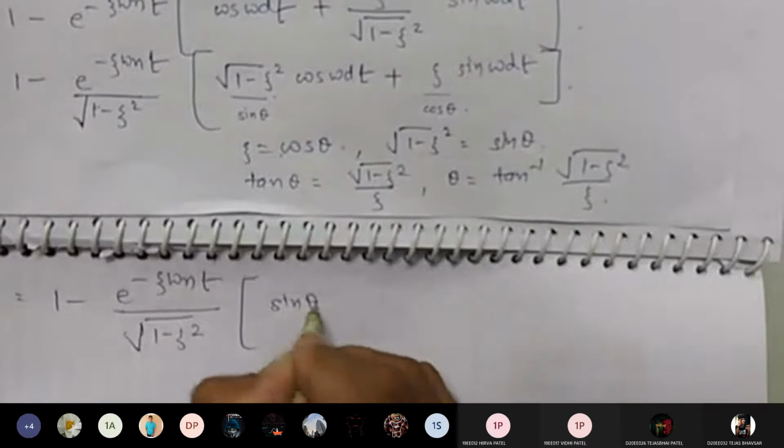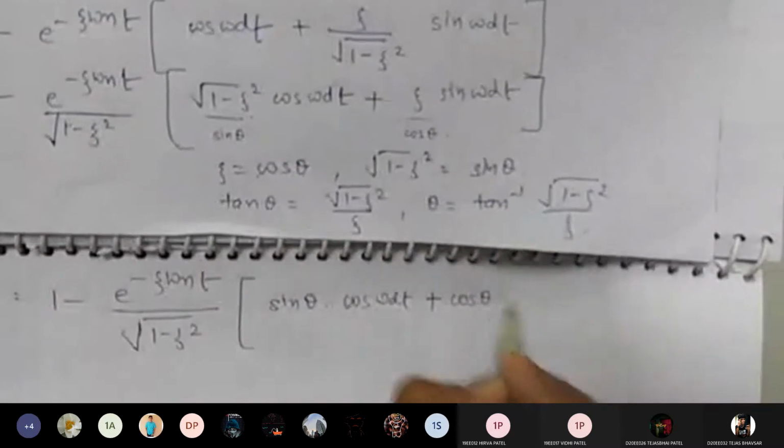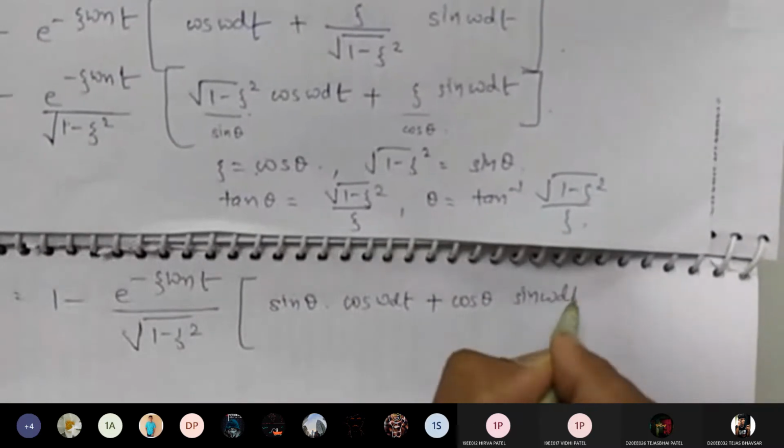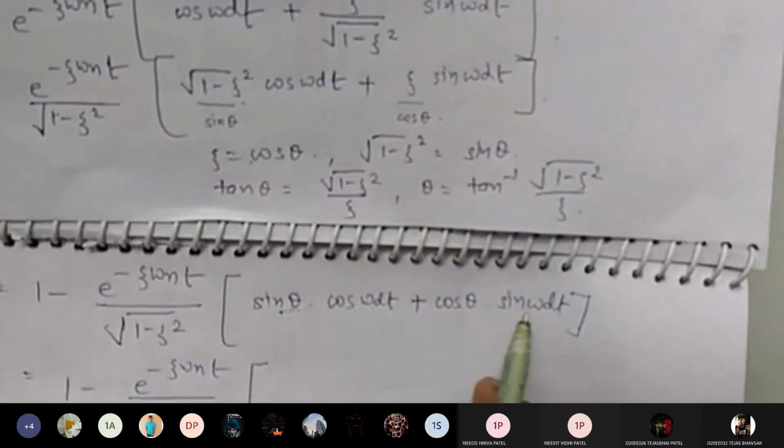Sin theta into cos omega d t plus cos theta into sin omega d t. So what will it be? Sin theta into cos omega d t plus cos theta into sin omega d t. What will it be? Sin of omega d t plus theta.